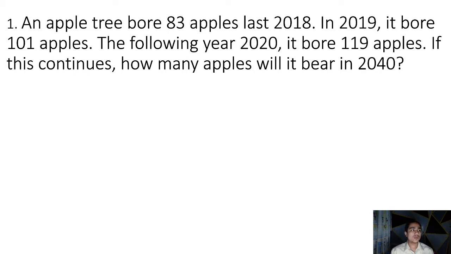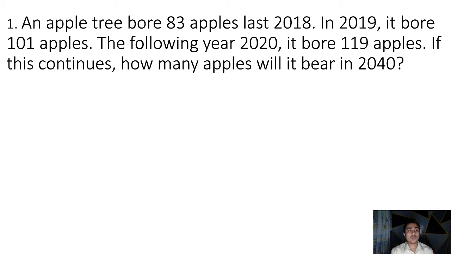asked. So, dito sa problem, yung pinakapag-solve ay ginawa na natin before. So, ang kailangan lang natin pag-aralan ngayon, paano ba i-analyze yung problem? Ano ba yung tanong? Ano ba yung given sa atin? Okay? So, in example number 1, we have an apple tree and given yung mga numbers na 83 apples, 101 apples, and 119 apples.